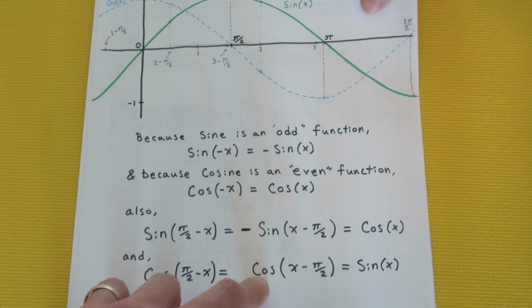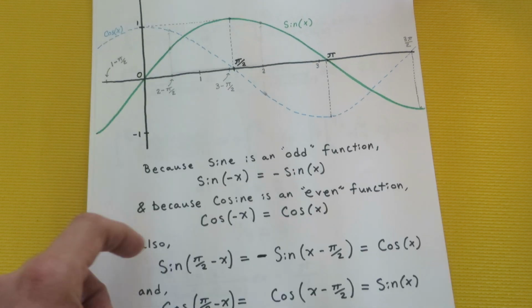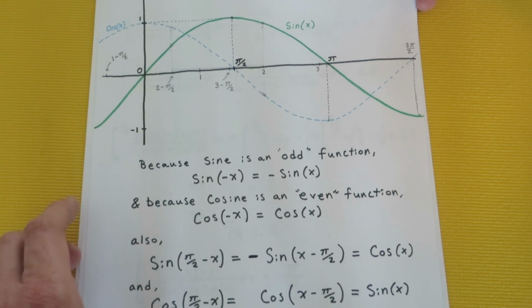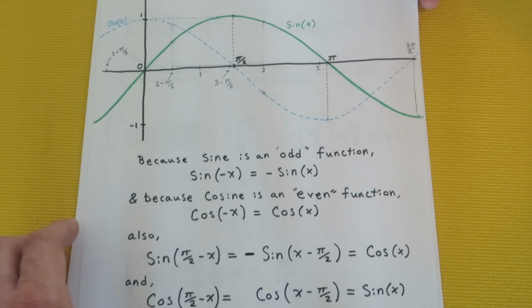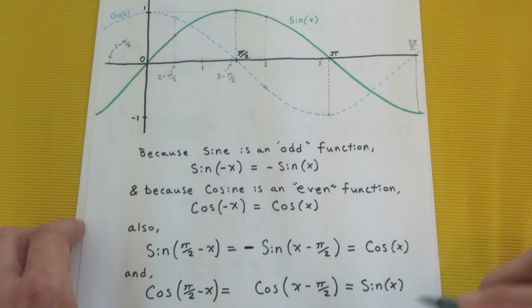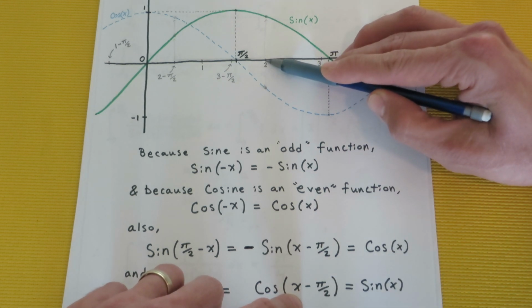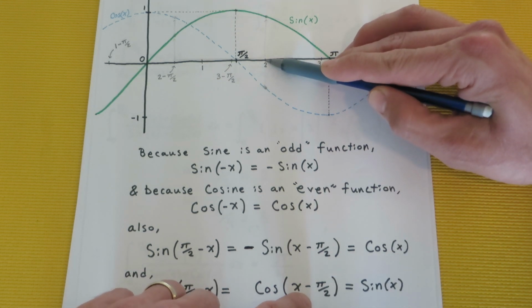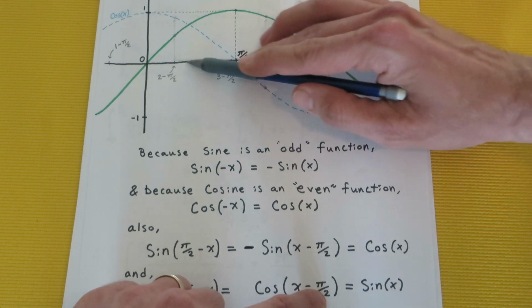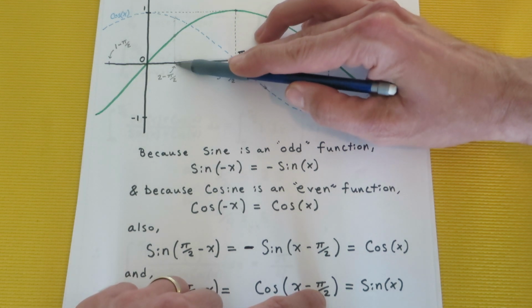And again, if you need just a quick refresher, or if you just don't want to blindly take my word for it, let's just see an example of that. Cosine of x, let's say x equal to 2 again. Cosine of 2 minus pi over 2, well, that's just going to put us over here.